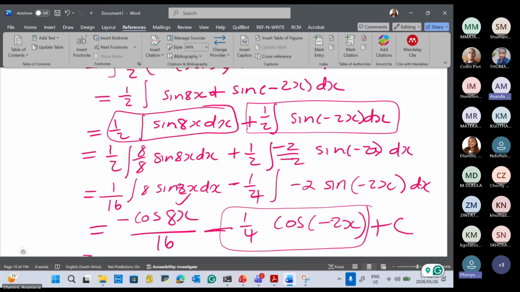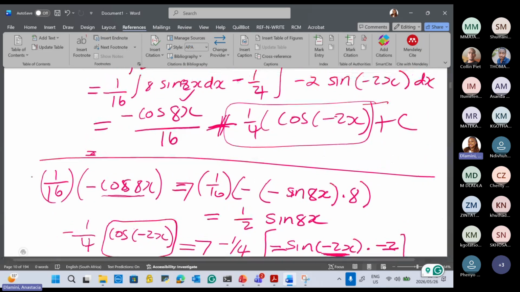So it's going to be negative 1 over 4 multiplied by negative cos, and then this becomes positive.